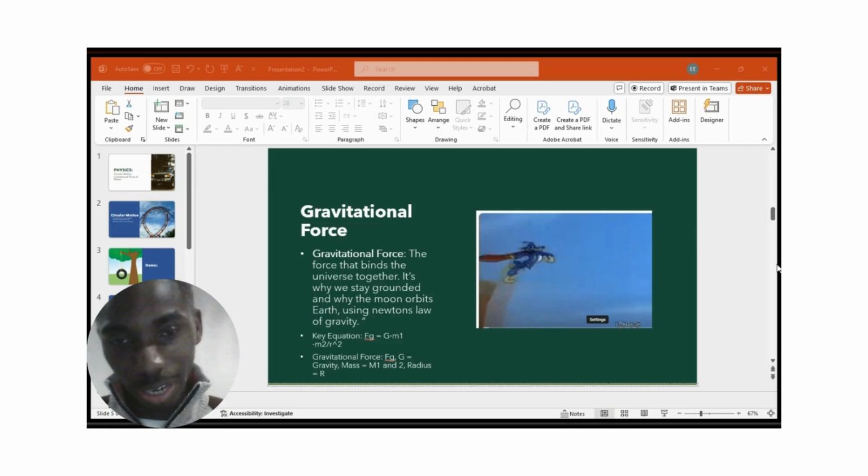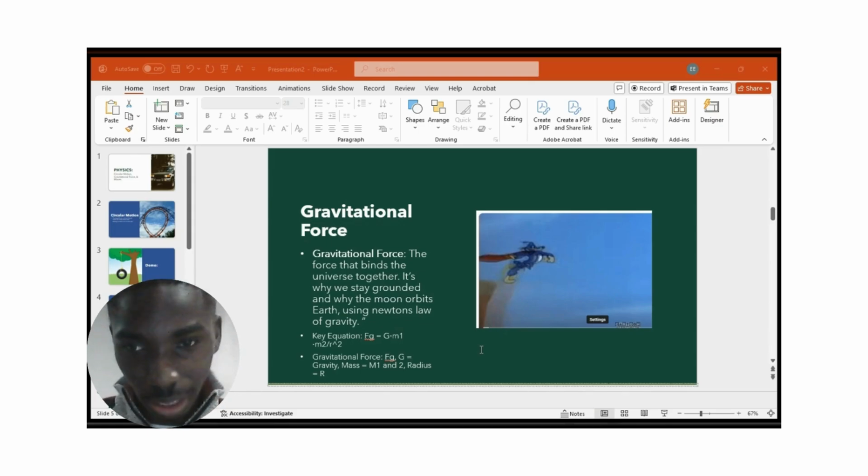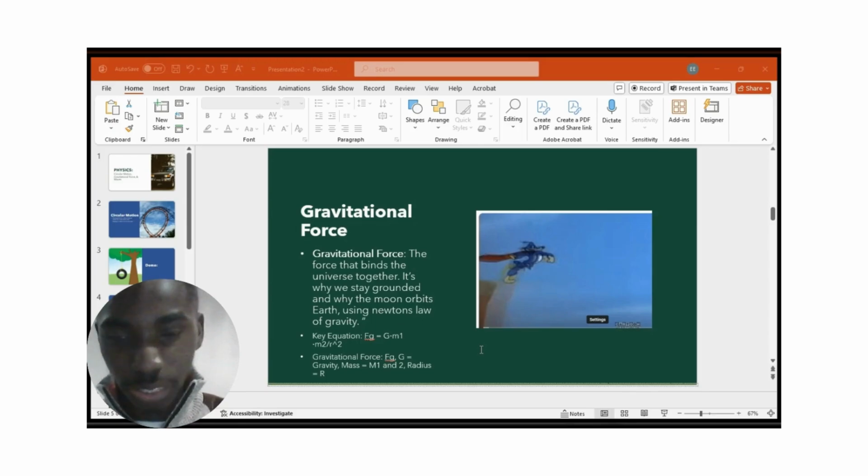Using Newton's law of gravity, here we have the key equation, which is Fg equals G times mass 1 times mass 2 divided by radius squared. Just for you to get familiar with this as well, Fg is gravitational force, G is the gravitational constant, the two m's are masses, and r is radius.